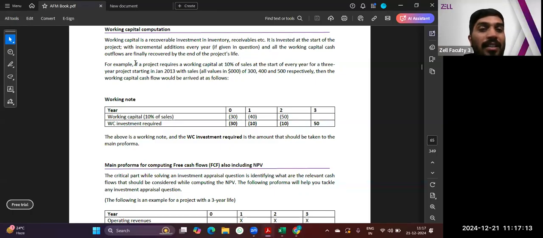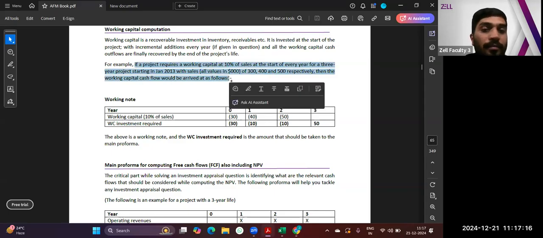Now, can you read this example? I'll give you a minute. Then I'll explain the working. Everyone done reading?